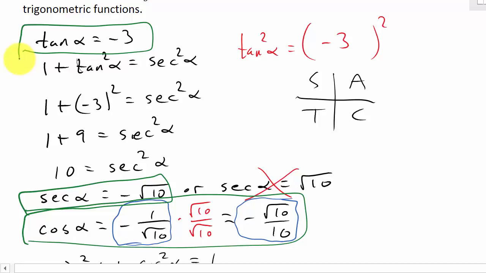This method has a little bit more to it than drawing it out and doing a triangle, and I do have a video on that that you can check out. But sometimes the books ask you to do it this way, and it's also a good way to practice with the identities and get familiar with them. Either way will give you the same results.